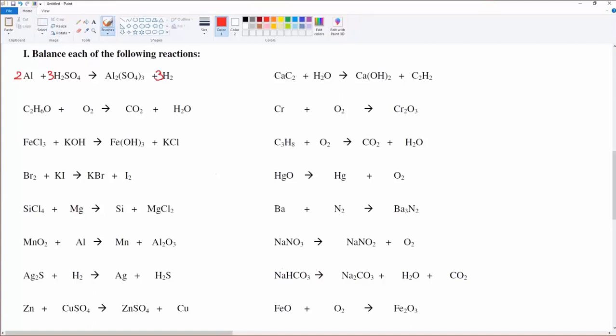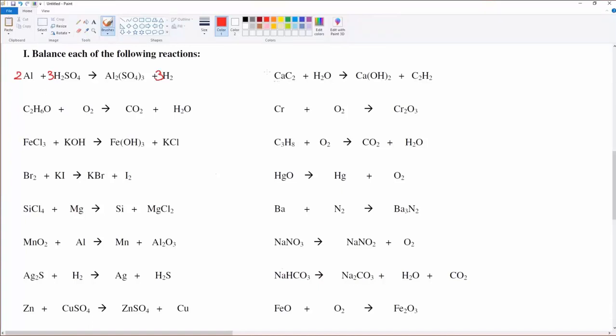Calcium carbide plus water goes to form calcium hydroxide plus, looks like carbon hydride. That's actually acetylene. Help me out here. Where should I start? You tell me what to do. Ca looks good.